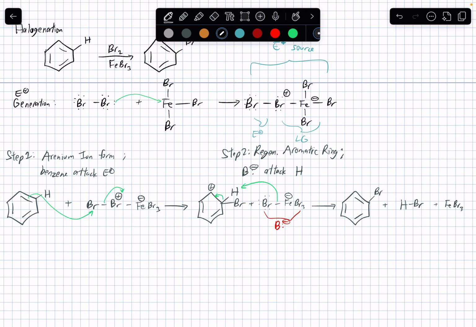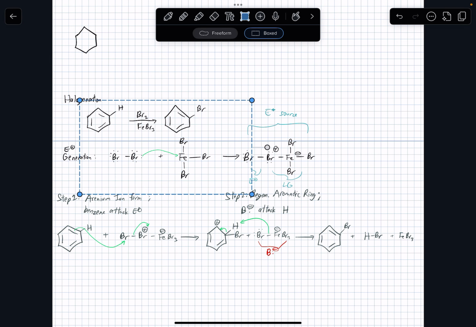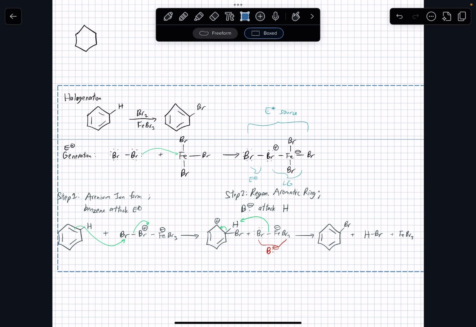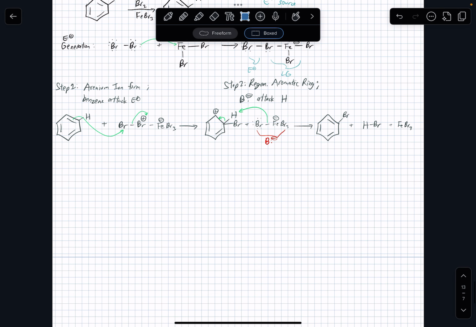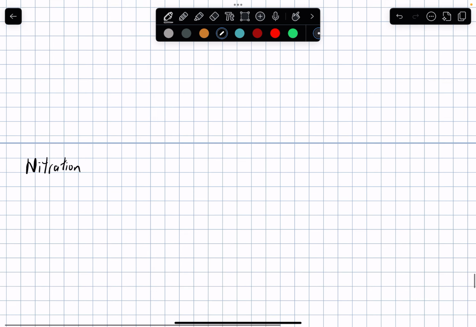Okay. Next in our list is nitration. Okay, for nitration, again, this is useful because we can reduce its product into an NH2 group, in other words, aniline.